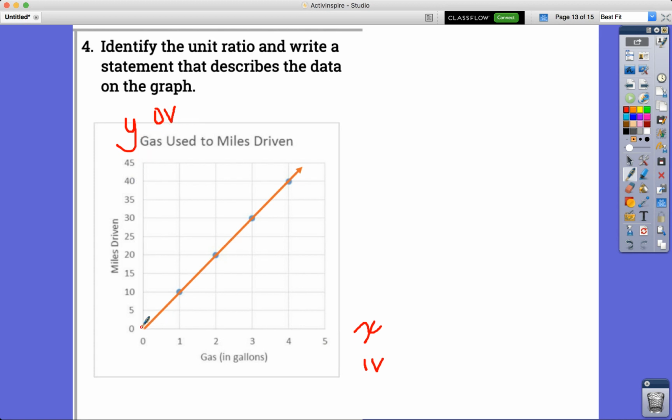As gallons of gas increase, the amount of miles driven are going to have a different measure. So this is what you're changing. This is what you're measuring. So pause the video here. Take a minute to discuss this with your partner. Take a look at how it is increasing and write your statement for your ratio. Okay? Pause here and go.